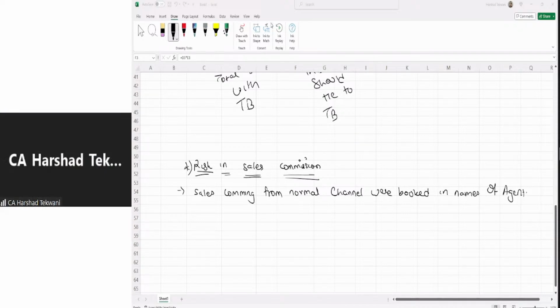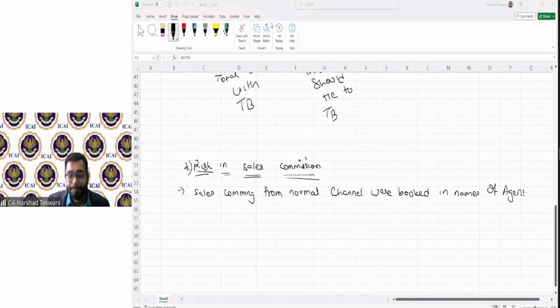What do you say, guys? Do you think the sales commission working in front of me can address that risk? Can I get sufficient and appropriate audit evidence from the sales commission working to address this risk? Yes, no.